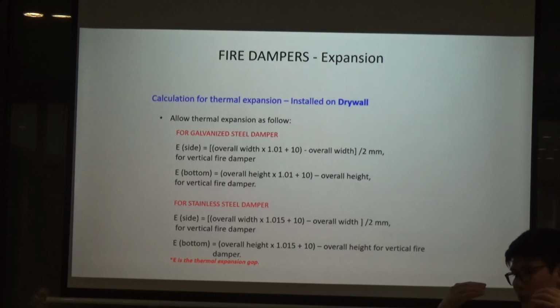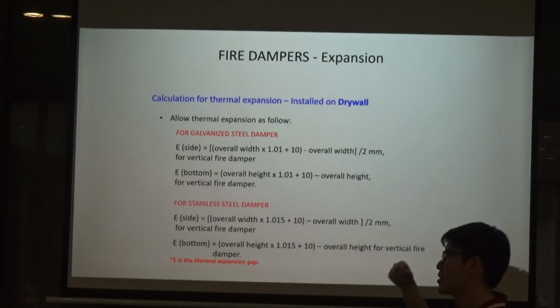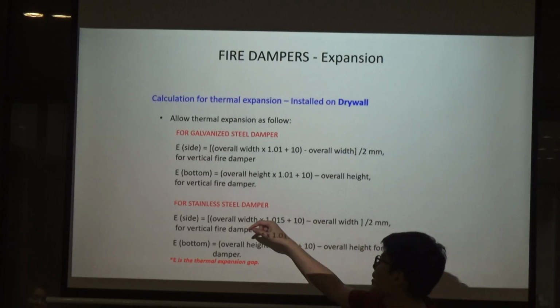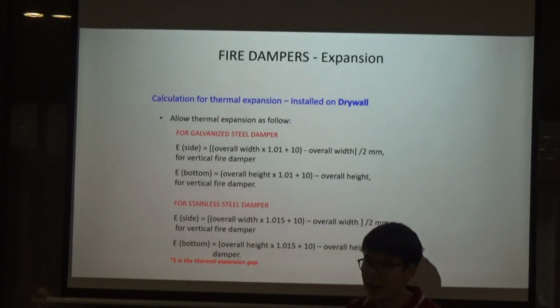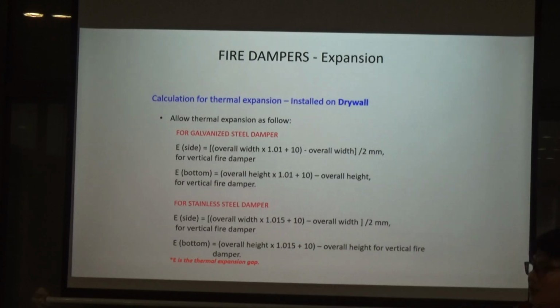So the fire damper will be sticking to the top of the opening. In this case it's actually the same formula, but the expansion will be expanding to the bottom. So that's just the difference, but the formula is actually the same.